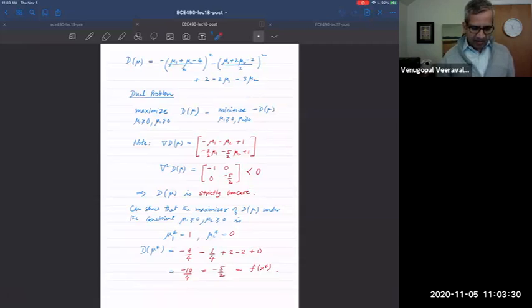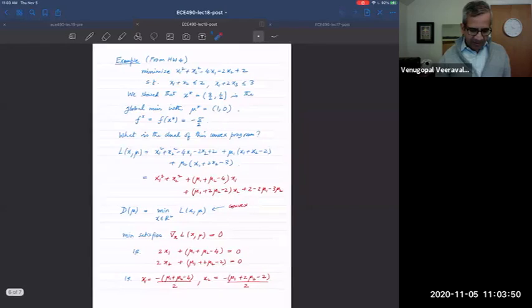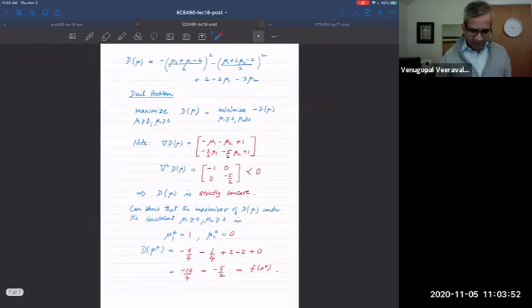I know on Piazza there was a question by someone about where we got this form. You get this by just plugging in the x star that we found here into the expression for L(x, mu) and simplifying. You end up with this expression for d(mu).